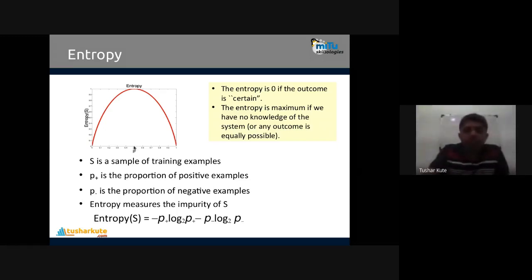On the x side is probability P, and on the y side we have the entropy of S. You can see, as probability increases from 0 to 1, entropy starts increasing. Entropy is 1.0 when probability is 50%. And when it goes above that, entropy again starts decreasing.